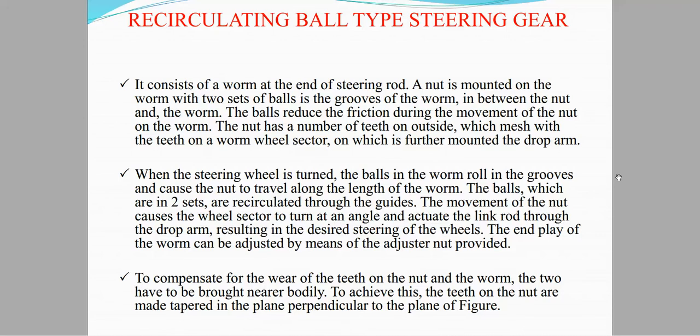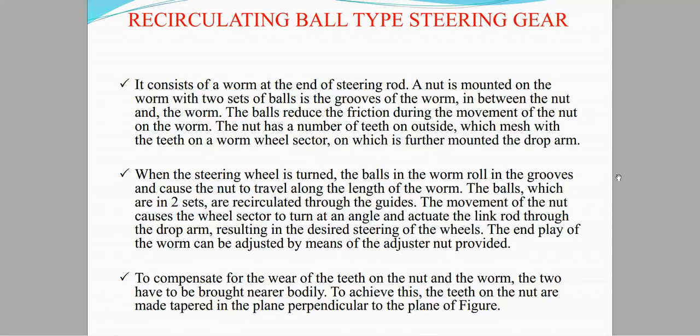When the steering wheel is turned, the balls in the worm roll in the groove and cause the nut to travel along the length of the worm. The balls, which are in two sets, are recirculated through the guides.